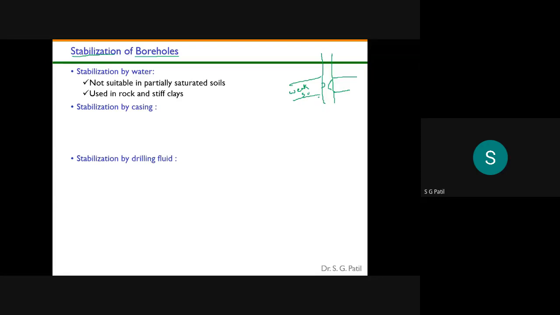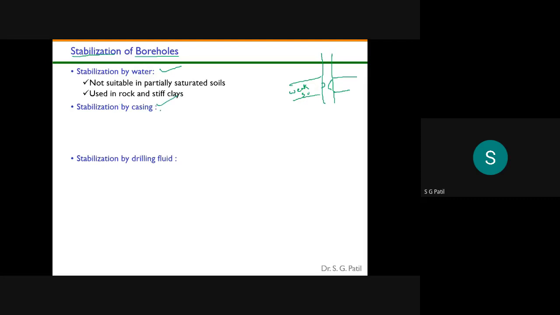To avoid that, what should we do? We should stabilize the borehole. There are 3 different methods to stabilize the borehole. One is you simply use some water. With that water, you can stabilize the borehole, or you can stabilize it with some casing pipe.